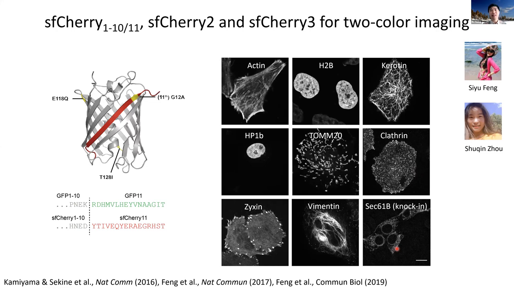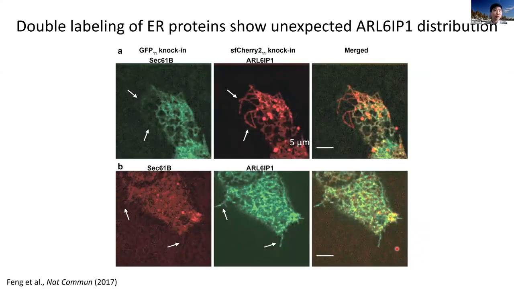You can notice that whenever you move to endogenously tagged targets, the signal is just much weaker compared to even casual overexpression of the protein. Now with the second color, we could do double knock-in, and this is looking at two ER proteins.